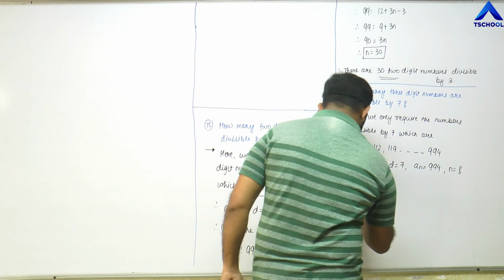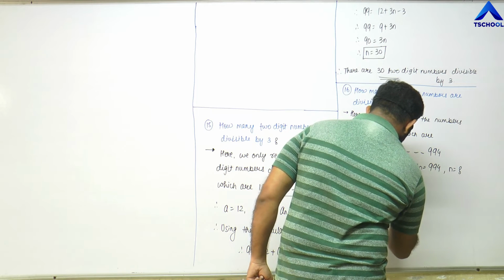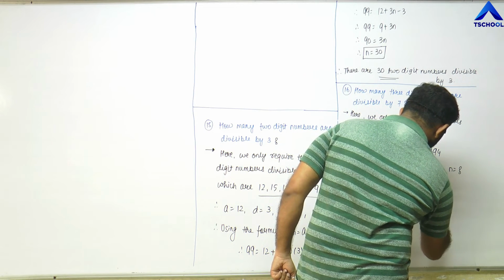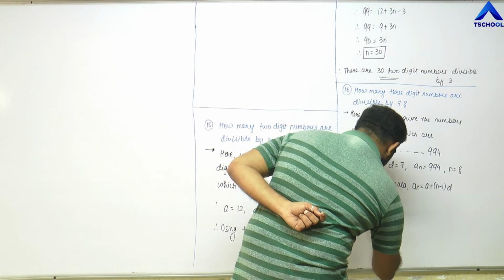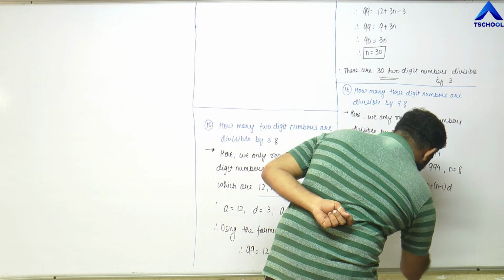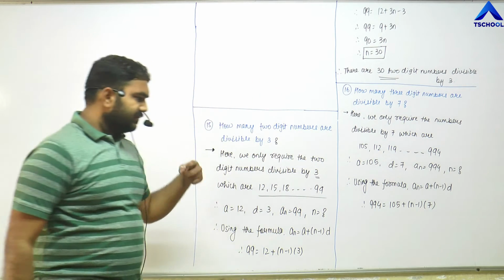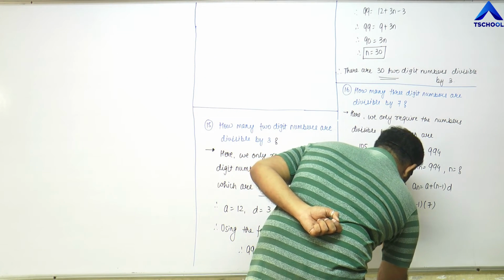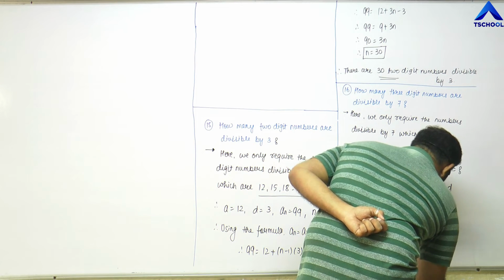Therefore, using the formula, an is equal to a plus n minus 1 into d. Therefore, 994 equals 105 plus n minus 1 into 7. So let us solve this. Therefore 994 equals 105 plus 7n minus 7.